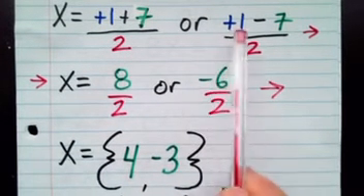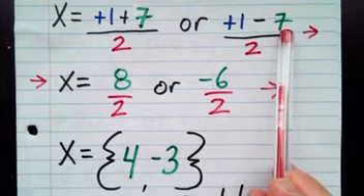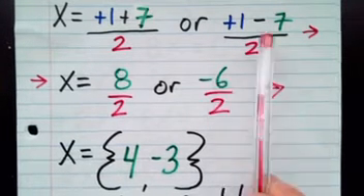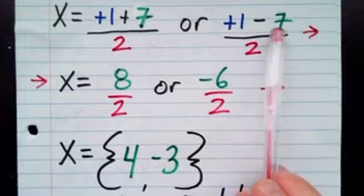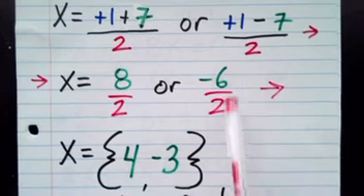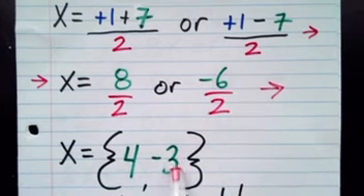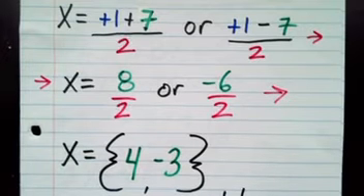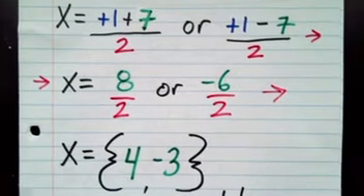Okay, and then you have positive 1 minus 7 divided by 2. 1 minus 7 is a negative 6, right? We have 1 positive, 7 negatives. You add 1 positive, you still have those 6 negatives. Divided by 2 gives us a negative 3. So our solutions for that original equation are 4 and negative 3.